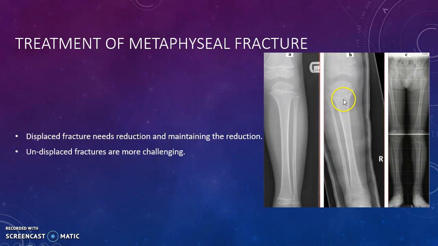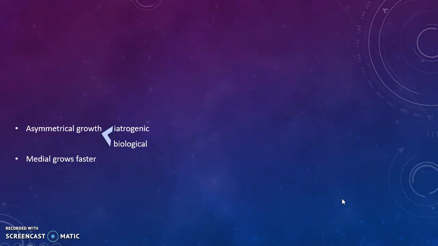Here's an undisplaced fracture that has gone into angular deformity. When you measure the height, there is a difference in the alignment, so there is asymmetrical growth. That asymmetrical growth could be iatrogenic or it could have a biological reason. As far as the tibia is concerned, the medial side grows faster than the lateral because of more blood supply.